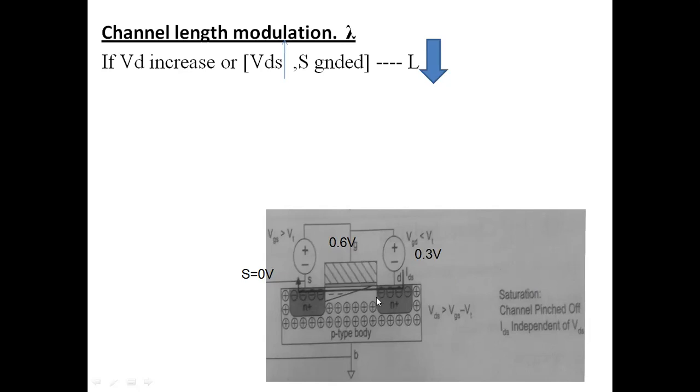But due to the increase in the VDS value, or drain to source voltage, we have the reduction in the channel length, as shown by this particular line.